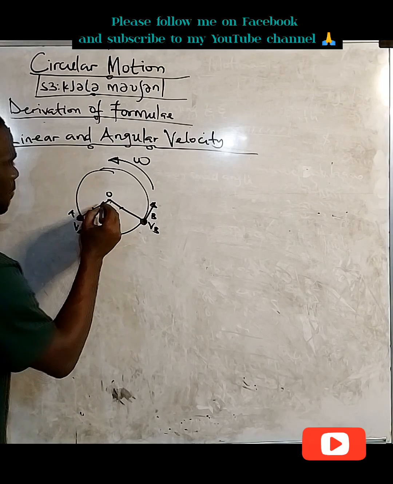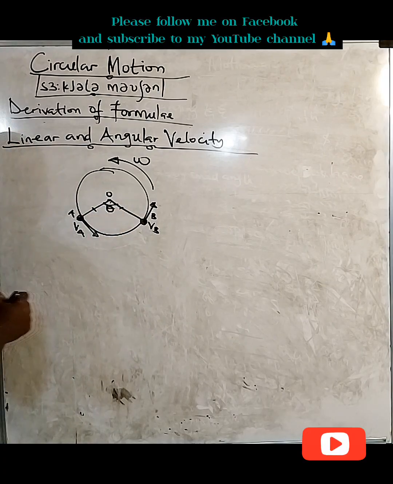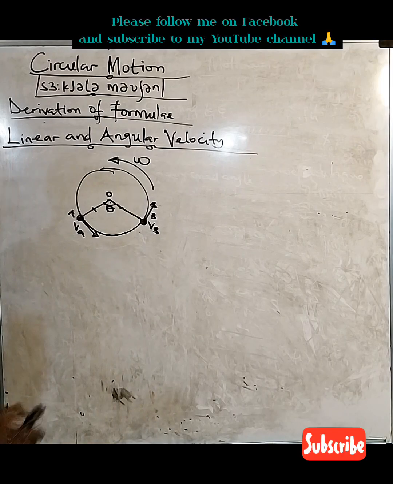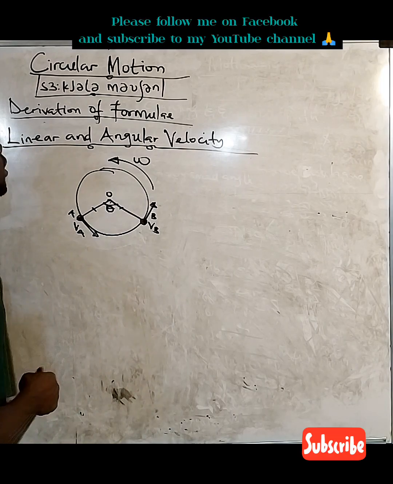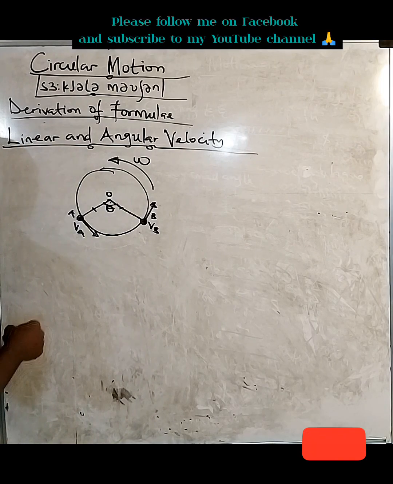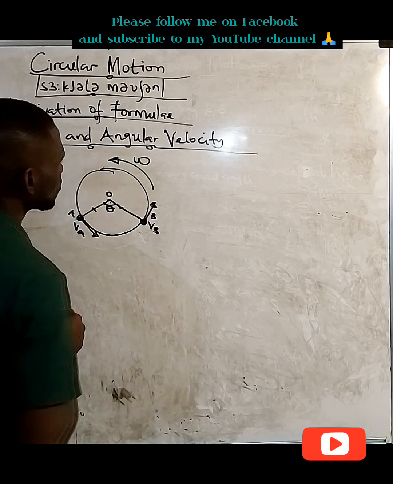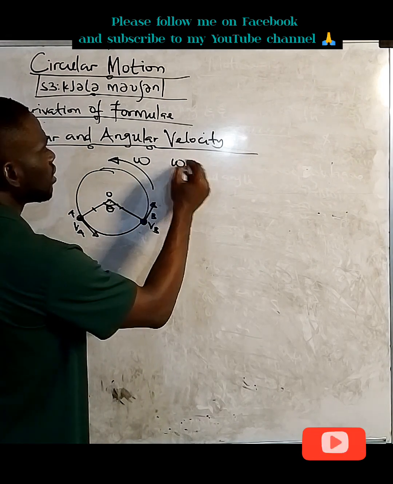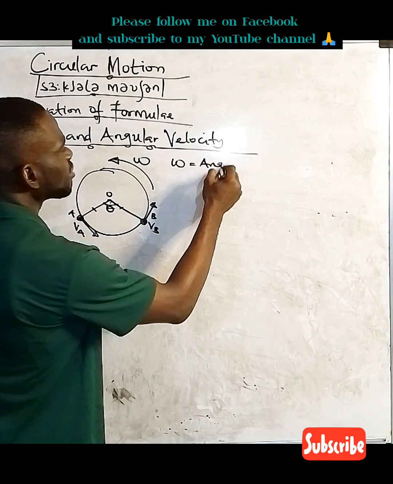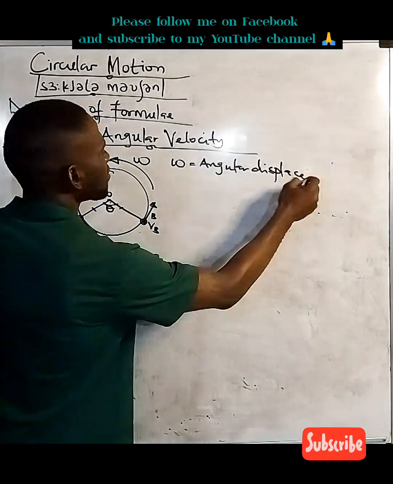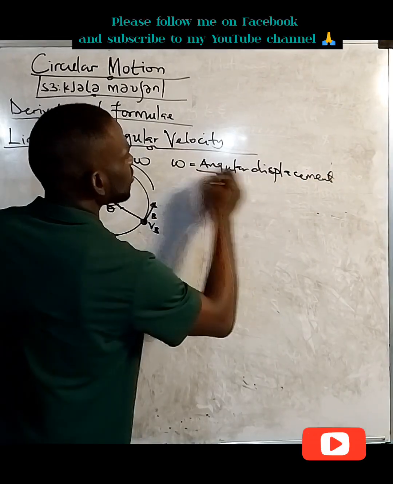So we have an angle here, which is mainly in radians. The angle is very, very tiny, and it is the same thing as the angular displacement. So first of all, we're going to be deriving the angular velocity. So what's angular velocity? Angular velocity is written as angular displacement over time taken.